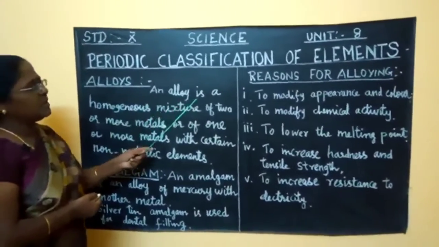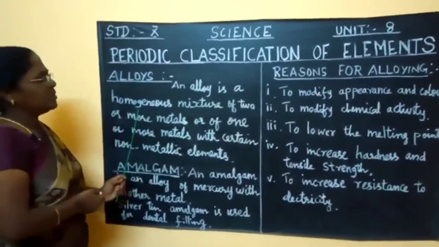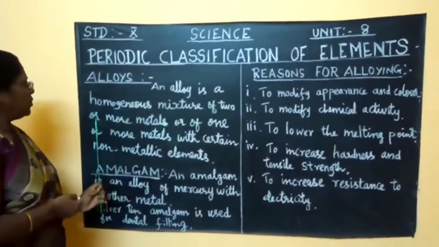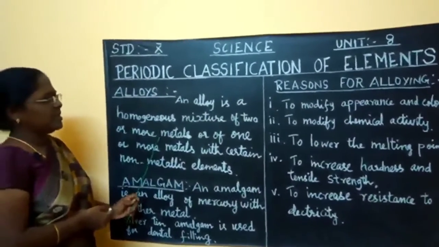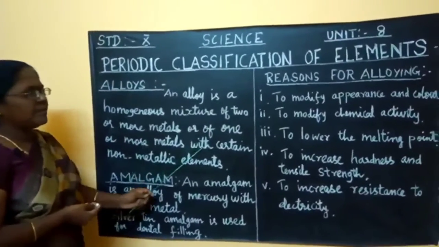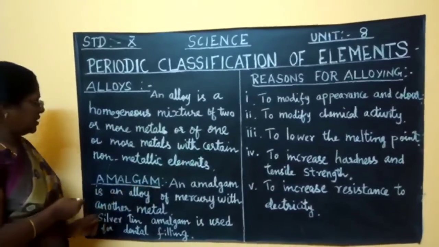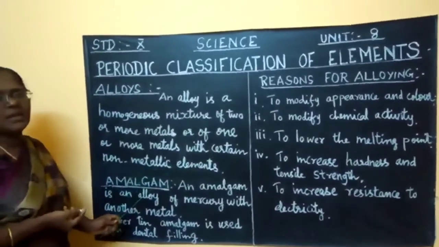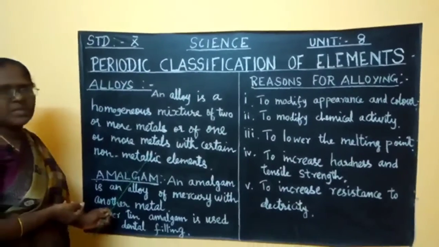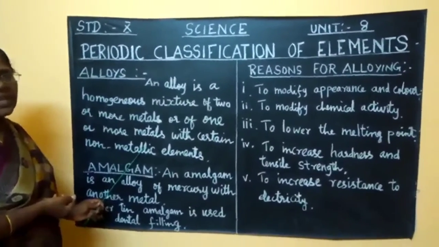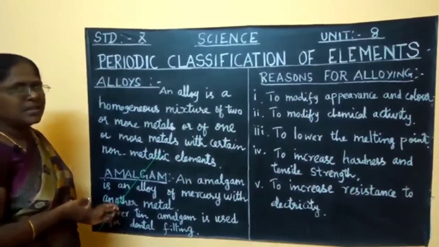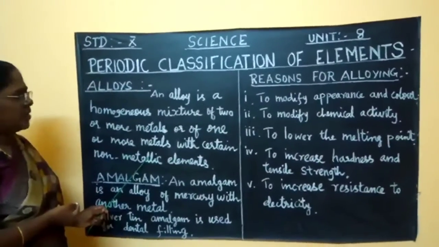An alloy is a homogeneous mixture of 2 or more metals or of 1 or more metals with certain non-metallic elements. So here non-metallic elements means carbon. Carbon is a non-metal. Symbol is here C for carbon.